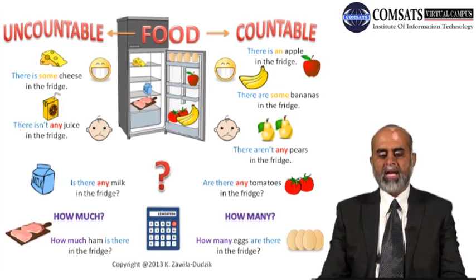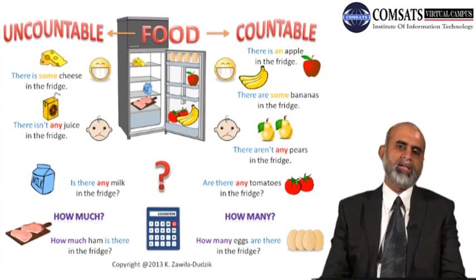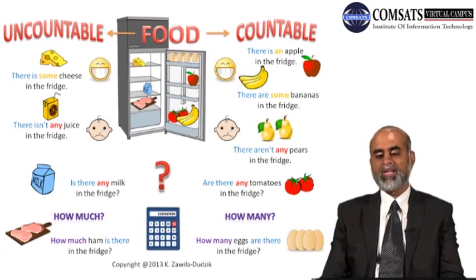Similarly, we use any when we are asking a question, like, is there any milk in the fridge? No, there isn't any milk. No, there is actually. There is some milk in the fridge. Are there any tomatoes in the fridge? No, there aren't any tomatoes. No. There are some tomatoes in the fridge.